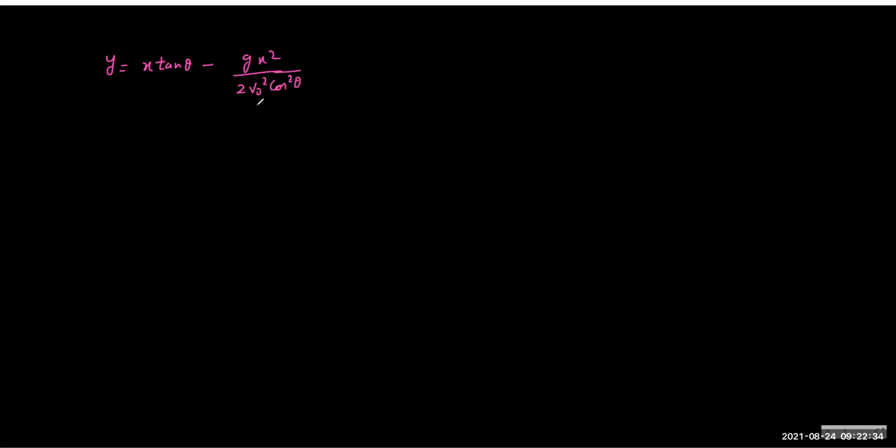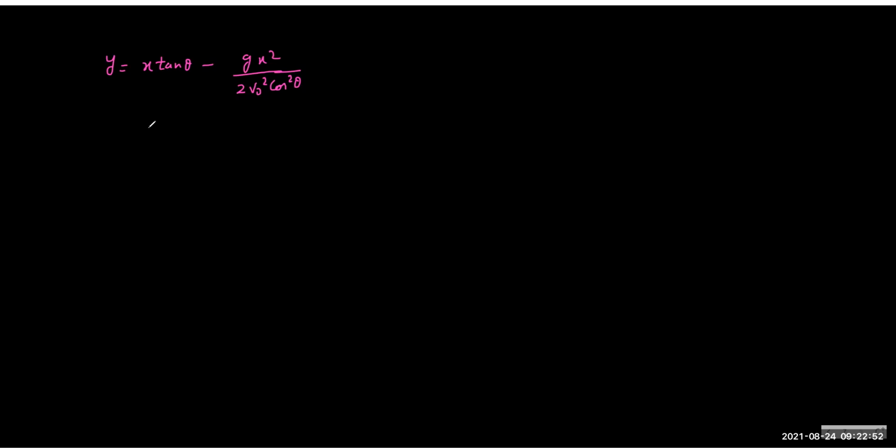So the question is, can we write this in terms of range? Yes, sir. We are not looking for the v naught square and g. Like we want the answer in terms of just range.